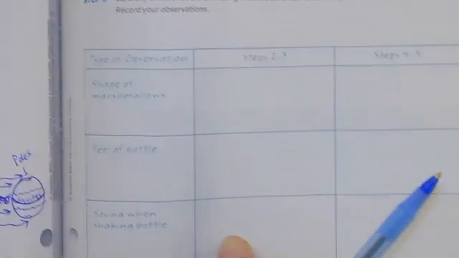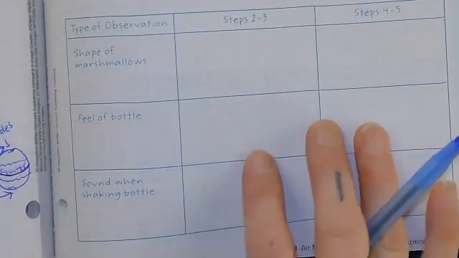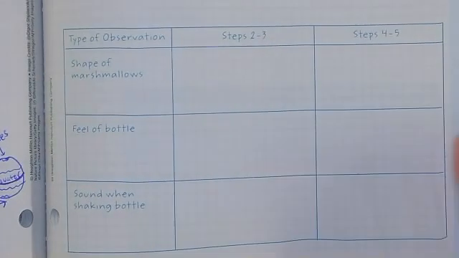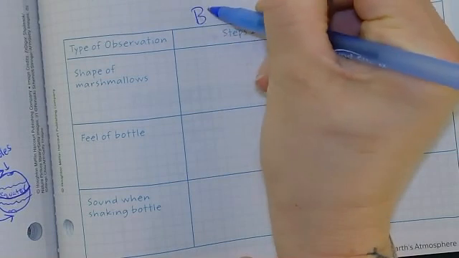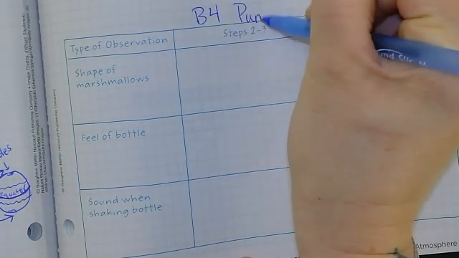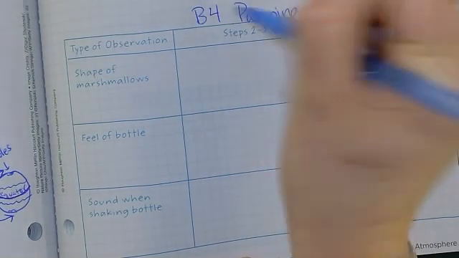All right, we're going to go ahead and write some observations. Please go ahead and flip all the way down to the little observation sheet down here. Okay. And we're going to label this that steps 2 and 3, we're going to say this is before pumping.